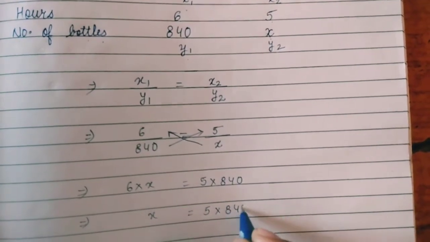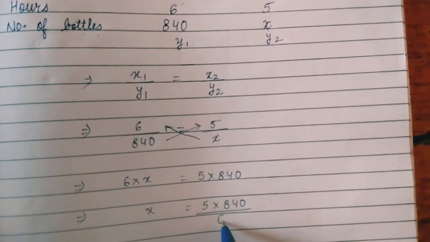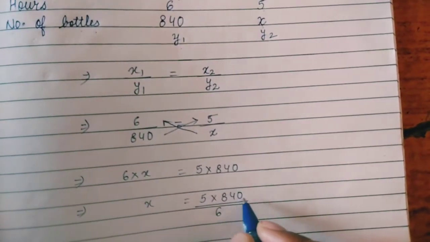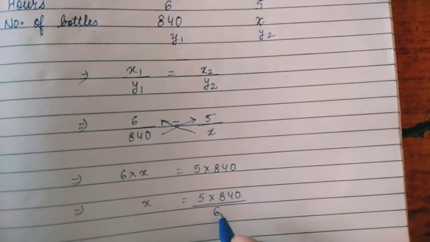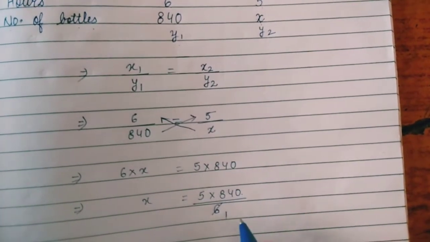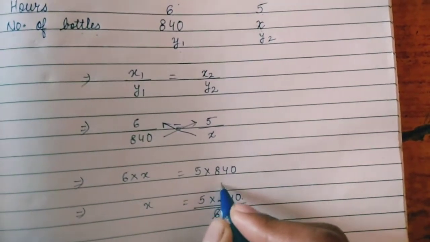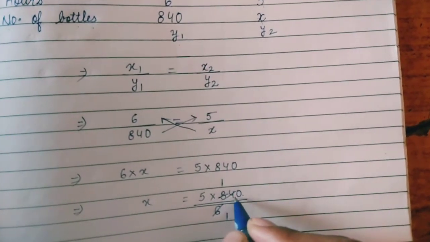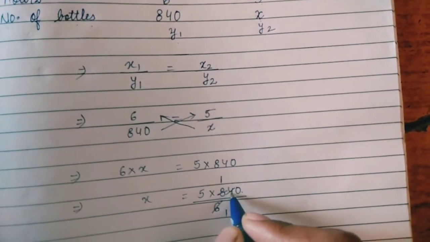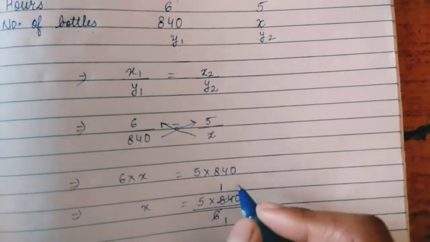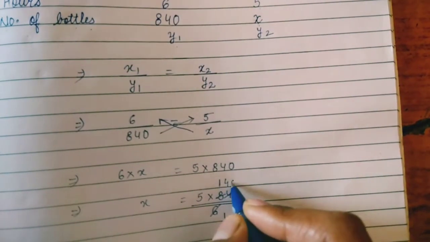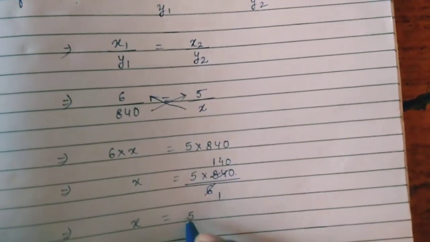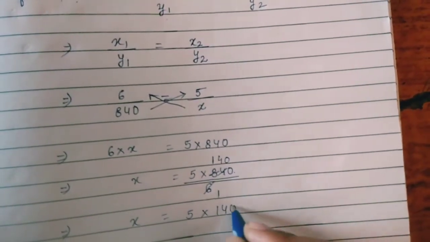So 840 divided by 6. 6 1s are 6, 8 minus 6 is 2, that 2 will go next to 4 and 24 will be here. 6 4s are 24, 0 as it is, and x is equal to 5 into 140.